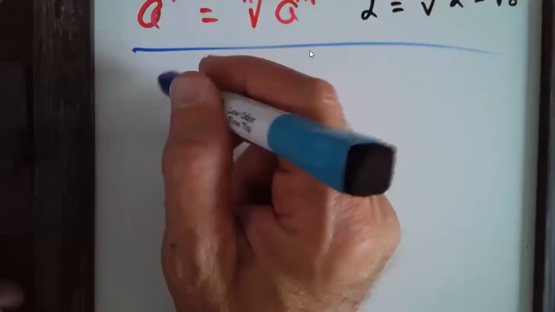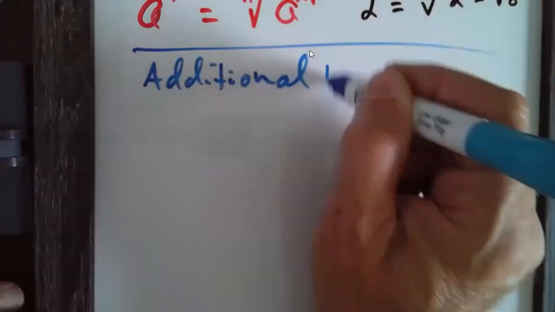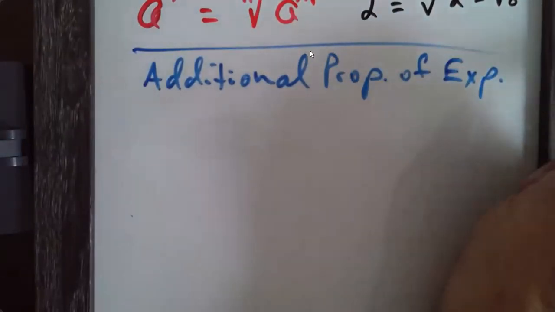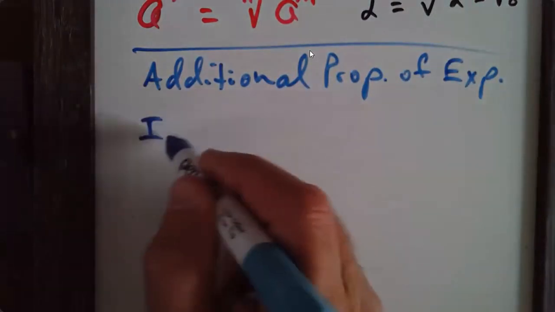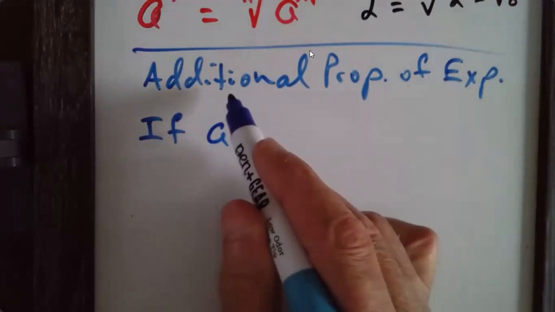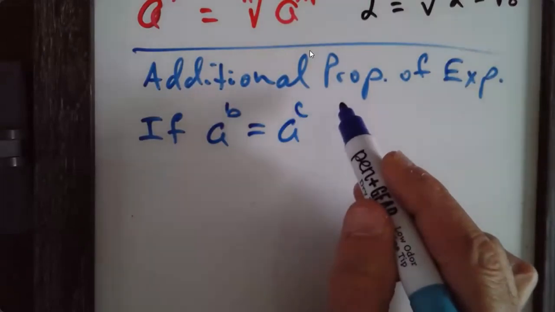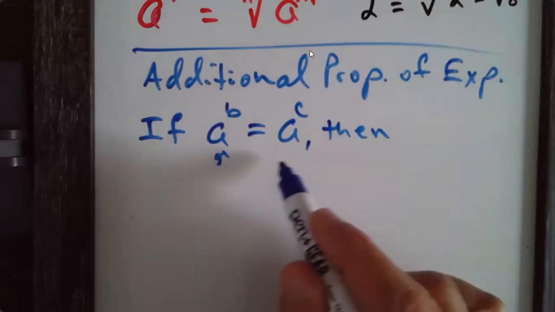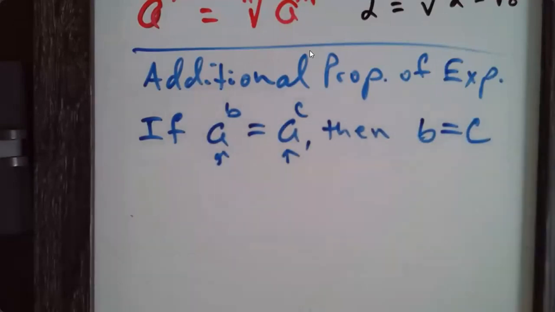So, additional properties of exponents. We can say that if we want to solve exponential equations, if a to some exponent b equals a to some exponent c, and the bases are the same, then we can set the exponents equal to each other.